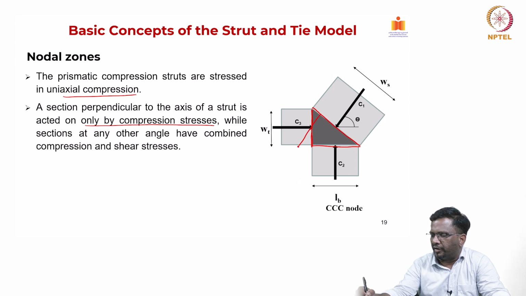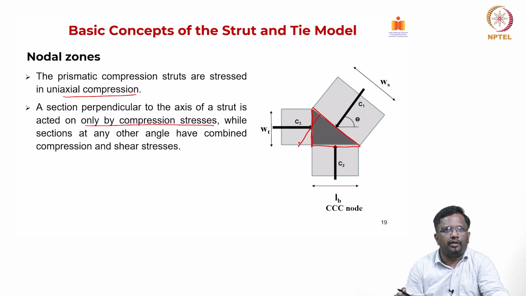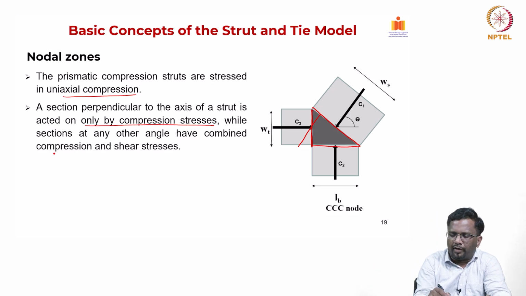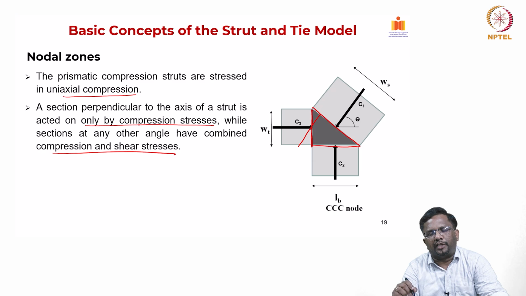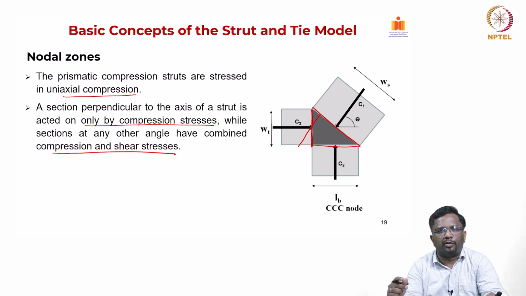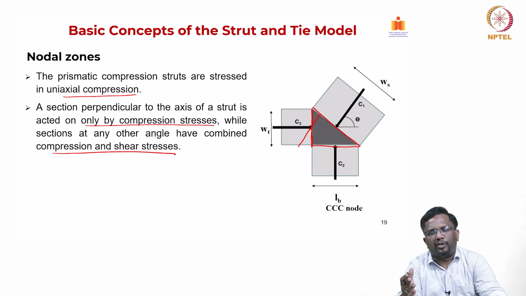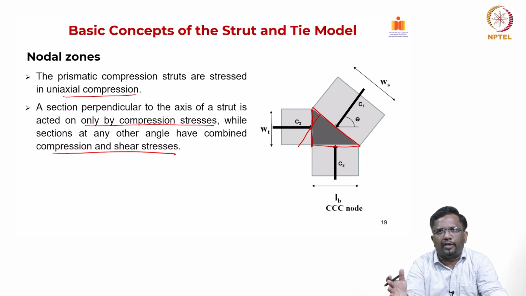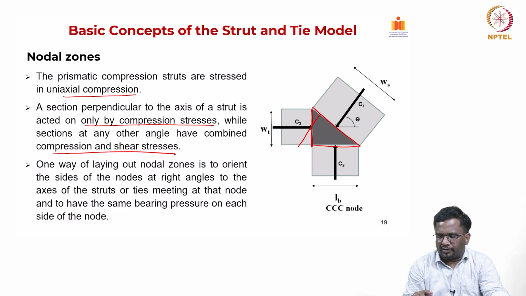Now, if I take any section at a different angle, then it will have combined compression and shear stress. Just like we have studied in Mohr's circle, in principal planes you will have only normal stresses, but if you orient the plane in different directions, you will have combinations of normal and shear stress. In the same way, perpendicular to the strut you will have only compression stresses, but at any other angle you will have combinations of compression and shear stresses.